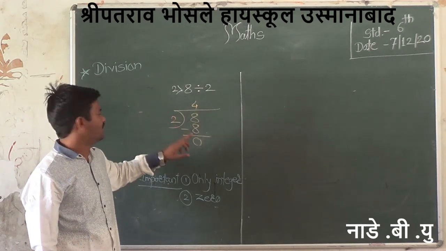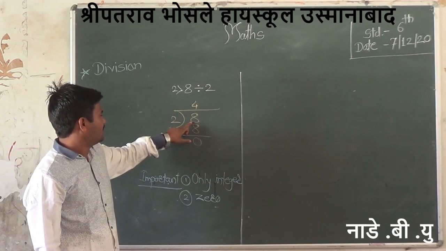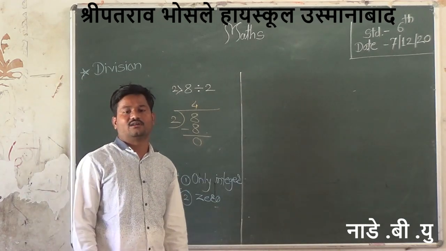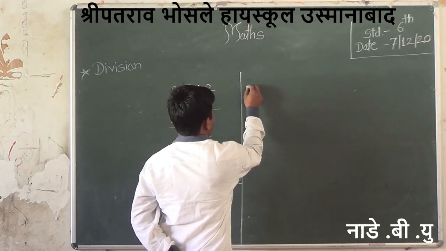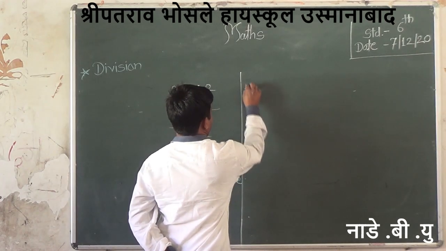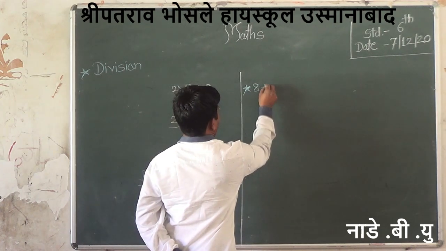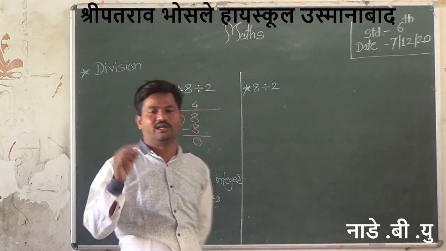Hence 8 is divided by 2, hence 2 is a factor of 8. See on the blackboard: 8 by 2, 8 upon 2, 8 divided by 2.